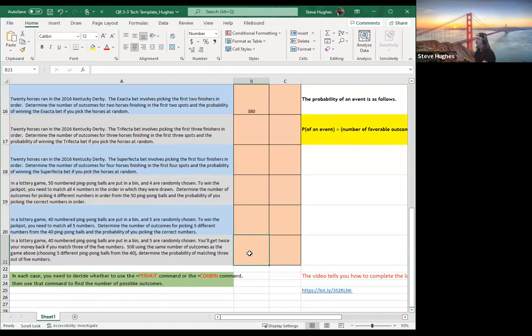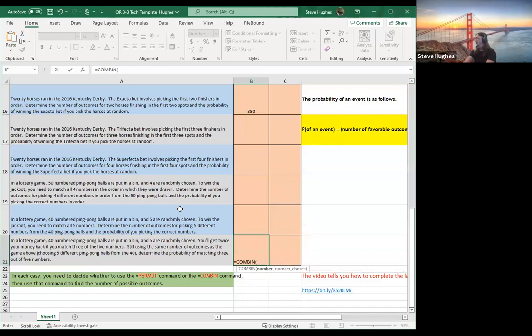So how many possible outcomes are there if I have 40 to choose from and I'm going to choose 5 of them? Don't worry about choosing 3 yet. Look at the total number of possible outcomes. That is a combination because order does not matter. So that is equals, combination. You can see it popping up here.